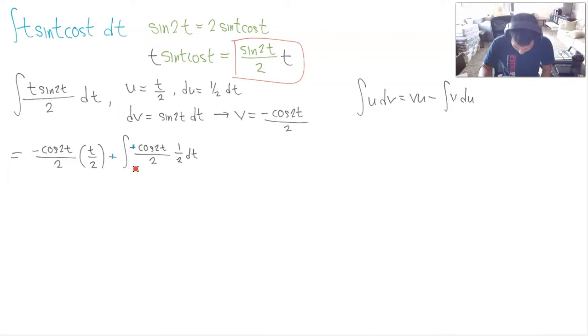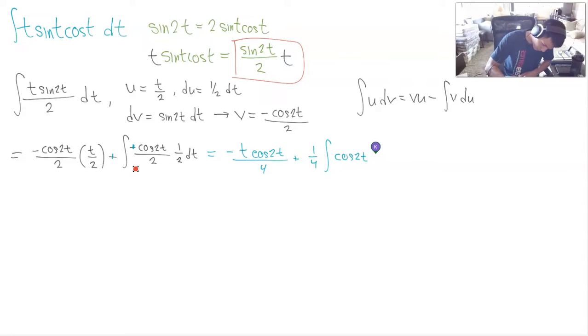Okay, what else? We'll write this out a little bit nicer before we do any math. We'll write this as negative t cosine 2t divided by 4 plus the integral, factoring out the 1/4 here, of cosine 2t dt.